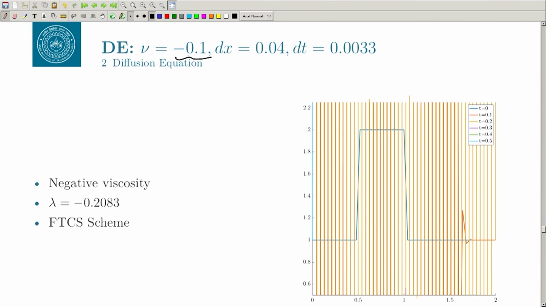So, that is why negative viscosity is not allowed. So, what you see is that lambda magnitude is still less than 0.5, but the solution blows up because your viscosity is negative. So, it amplifies the solution very quickly and everywhere.